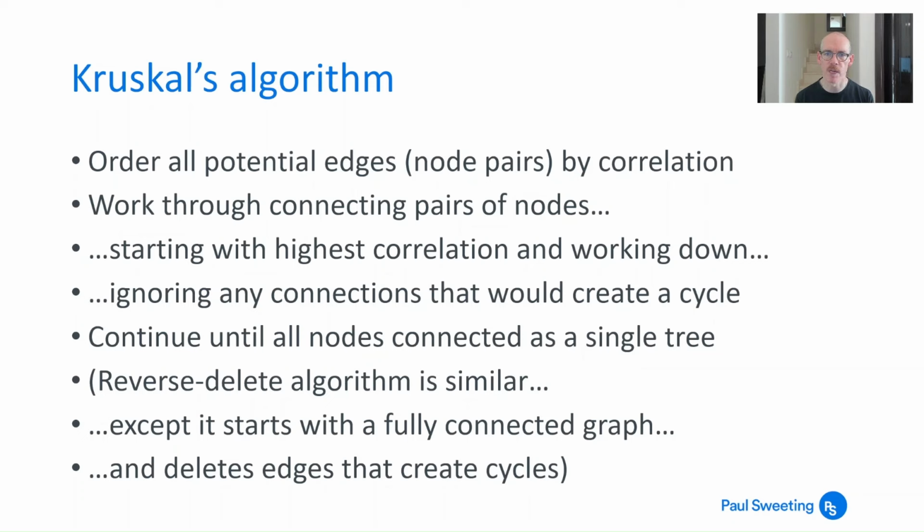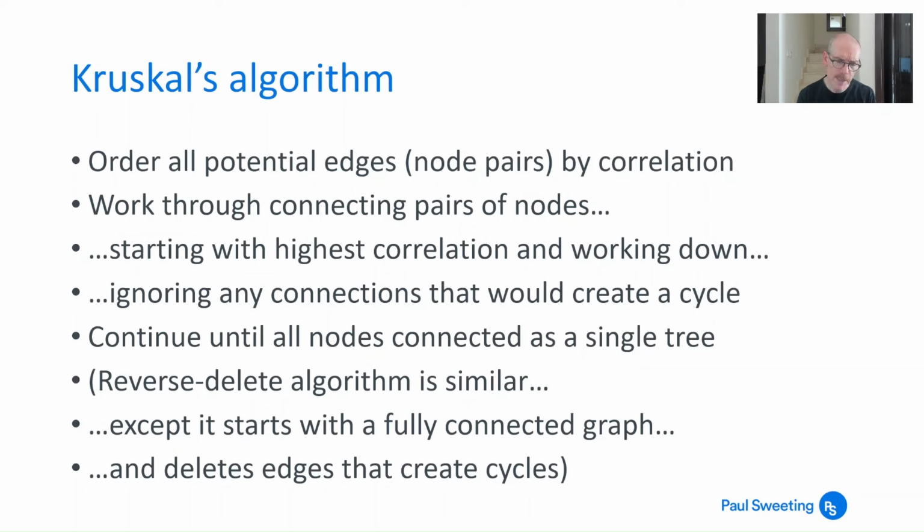So if your highest correlation is between A and B, connect those. If the next highest is between C and D, you connect those. And it doesn't matter that at the moment they're disconnected, because you keep on working down, adding connections until they eventually do get connected. So you continue through all the nodes, ignoring any connections that would create a cycle, and you continue until all the nodes are connected as a single tree.